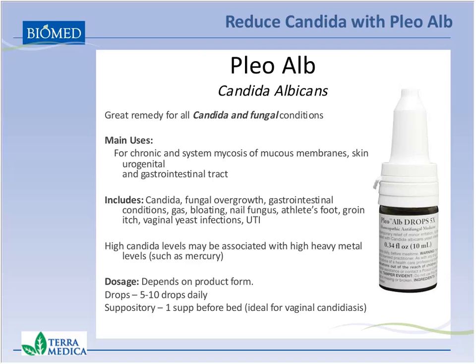And just as a side note again, high levels of Candida may be associated with high levels of mercury or heavy metals, so maybe consider also doing some binding of mercury when you're dosing with this. There's a variety of forms that Pleo alb comes in.